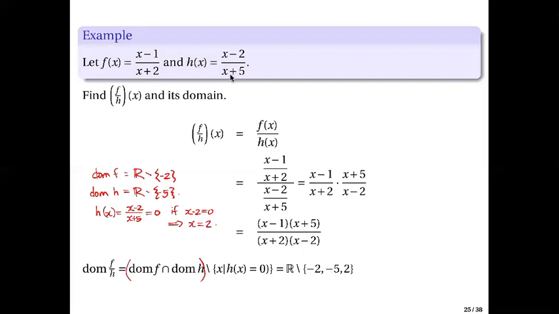You have to remove that because the denominator of the function h is x plus 5. The +2 here also came from the function h, but this time it will make the function h 0. But h is now a denominator, so you don't want that also. Other questions?